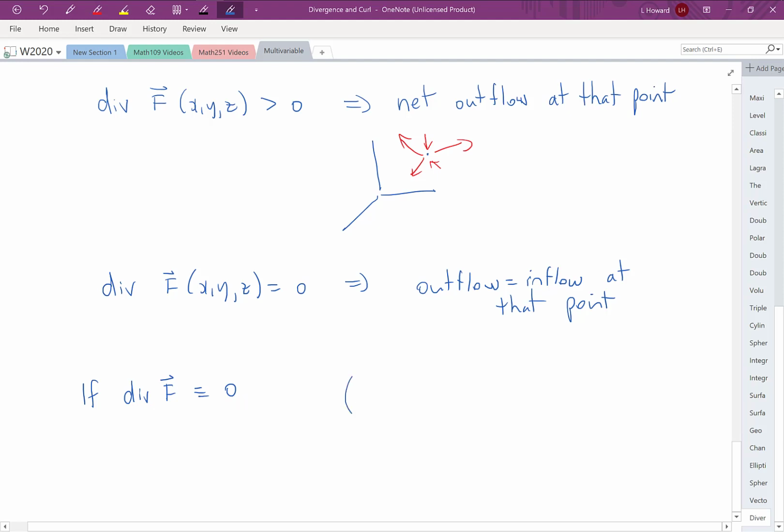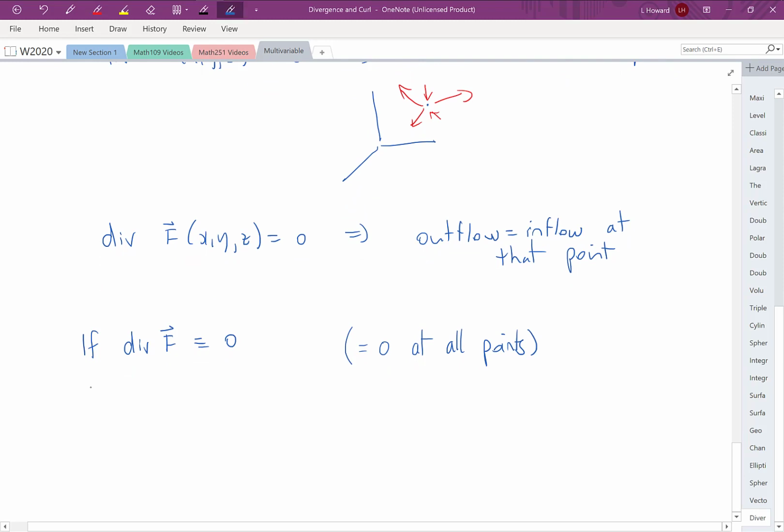So when you see this triple line here, that means identically equal to, or in other words, equal to 0 at all points. So if you calculated your divergence function and it were just equal to 0, no matter what your point was, then you'd say divergence of F identically equal to 0. Then the fluid is called incompressible.